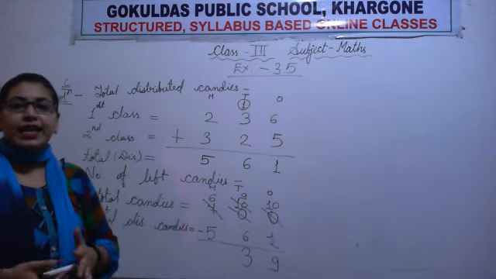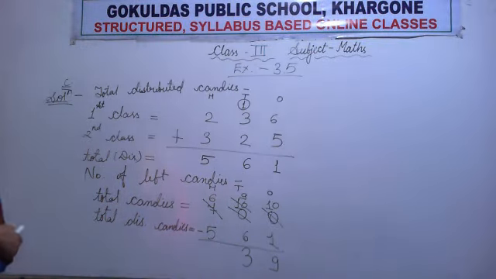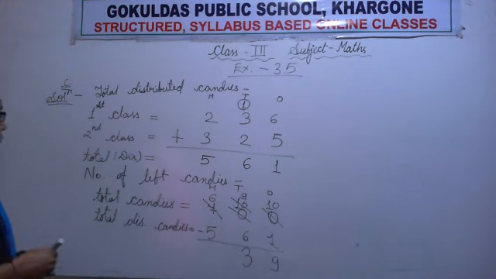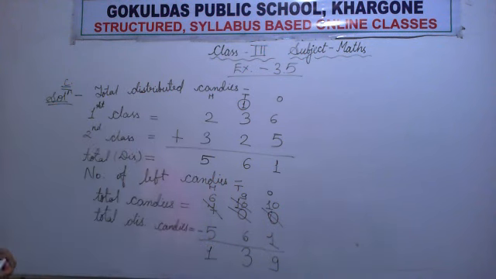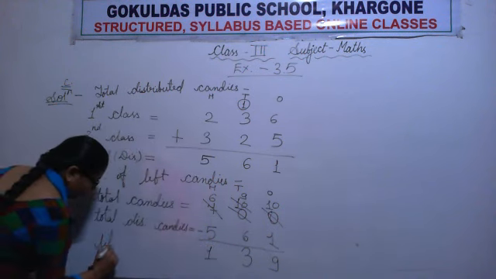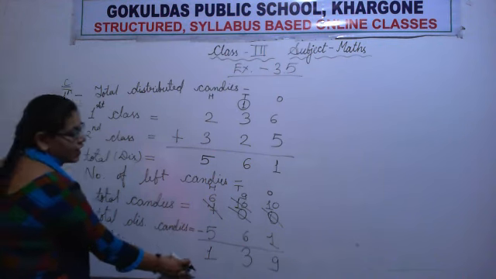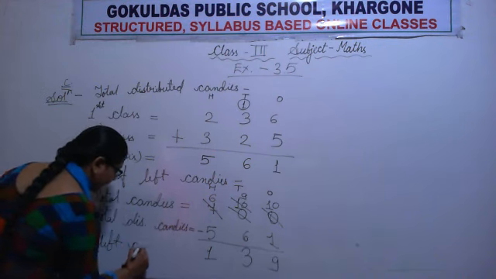Now minus 5 is there. So remove 5 fingers or close 5 fingers. Now how many fingers are left? 1. So we will write the number 1. It means 139 candies are left.